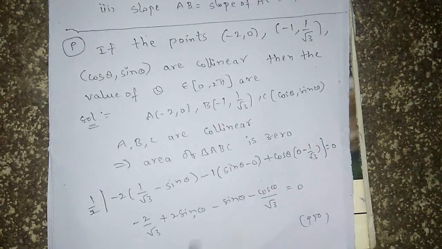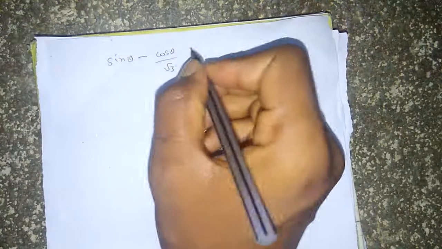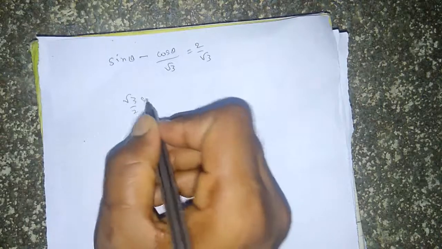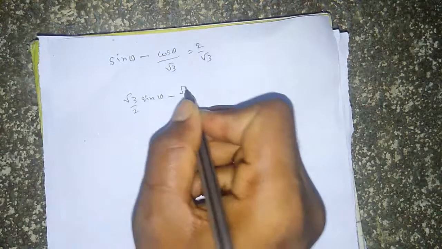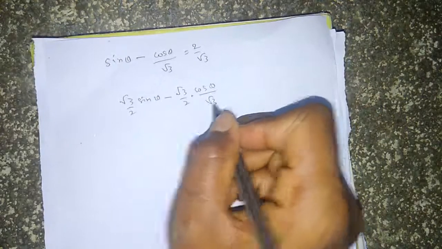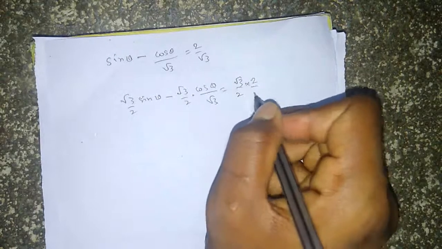Here 2 sin theta minus sin theta is sin theta, that is sin theta minus cos theta by root 3 is equal to 2 by root 3. Now multiply by root 3 by 2: root 3 by 2 sin theta minus root 3 by 2 into cos theta by root 3 is equal to root 3 by 2 into 2 by root 3.